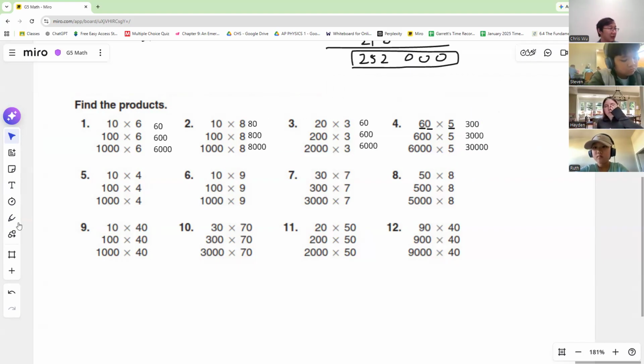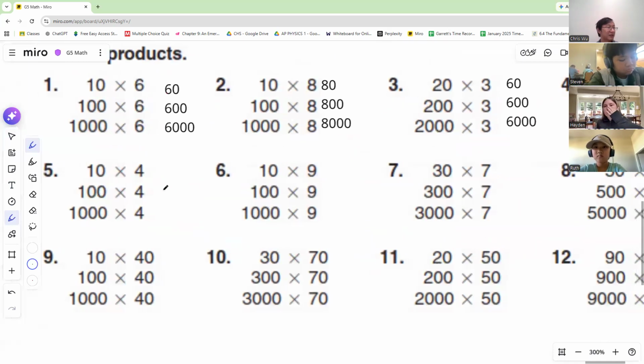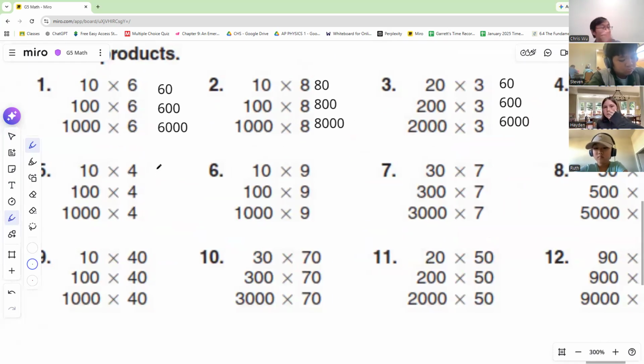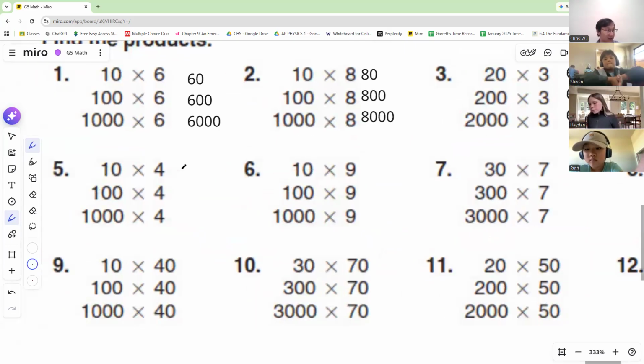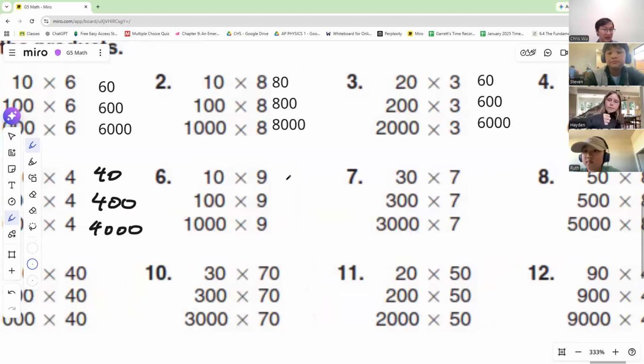Okay, maybe I just handwrite. Typing actually, I don't know why it's so narrow. Okay, Ruth, what's number 5? 4,404,000. Good. Number 6, Stephen. 9,909,000. Good.